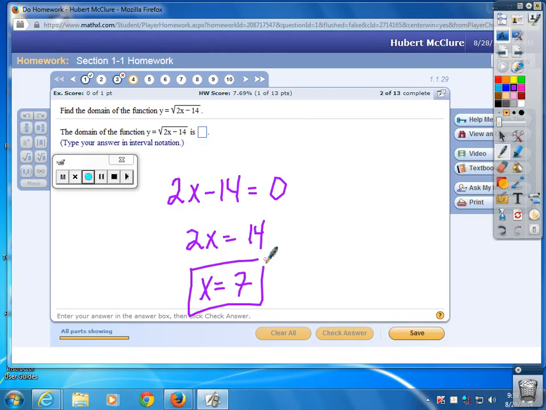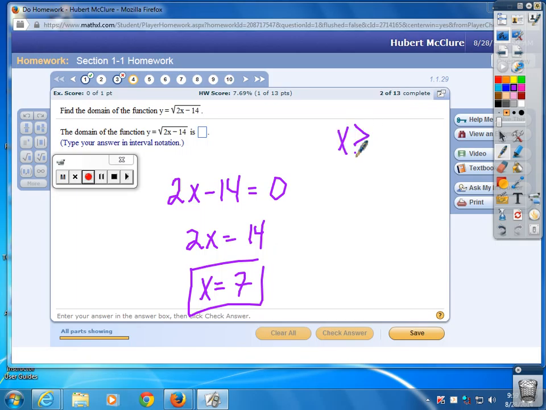What's 8 times 2? 16 minus 14? That's a positive number. Let's try 6. What's 2 times 6? 12 minus 14? Can you have a negative 2 in a square root? No. So we cannot use numbers less than what? 7.